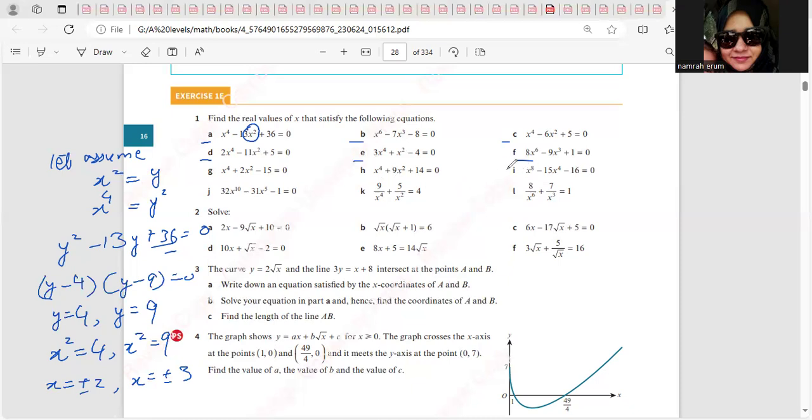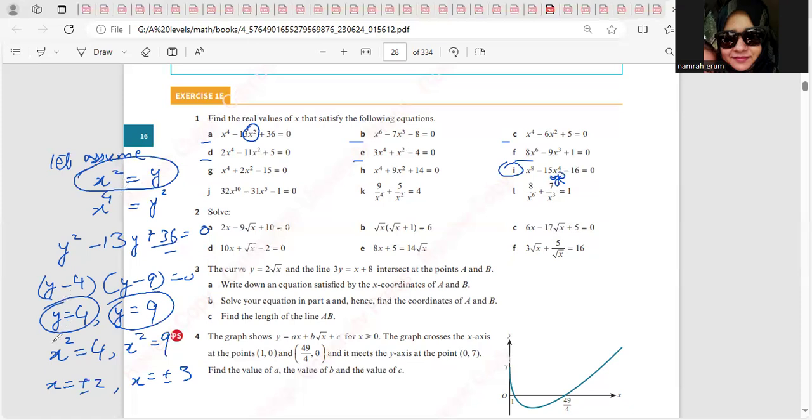If I take this question as an example here, you will be substituting x raised to power 4, this term, as y. And after we get the y values, we substitute back. When we are done with the y values, we know that the actual value of y was x squared, which we assumed in the beginning of the question.